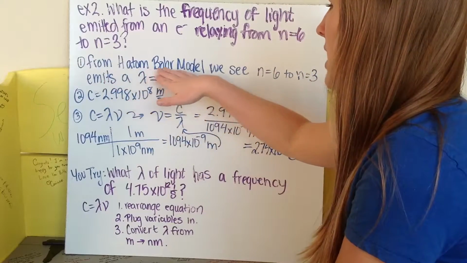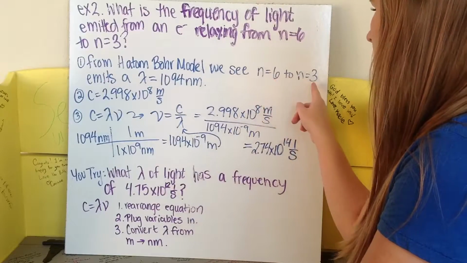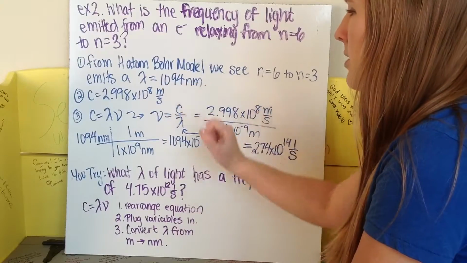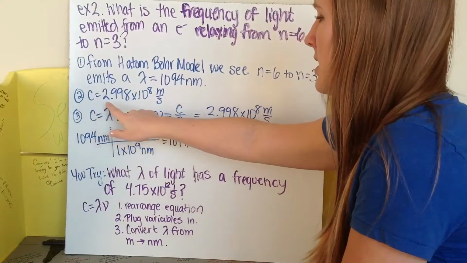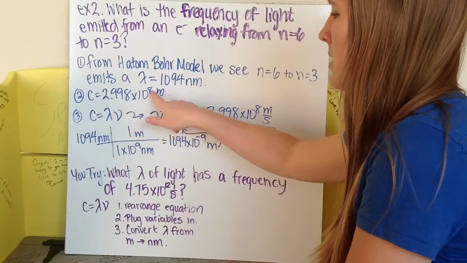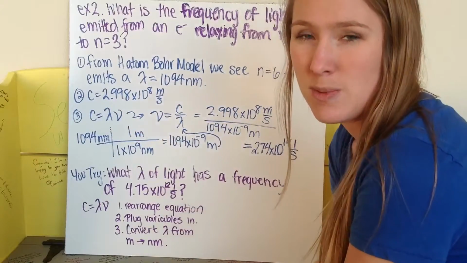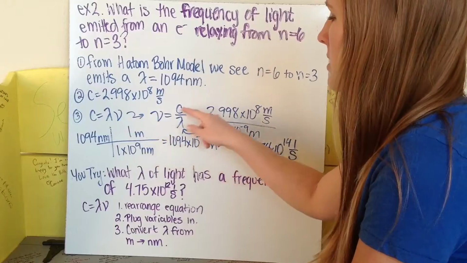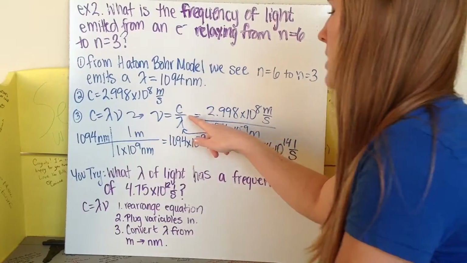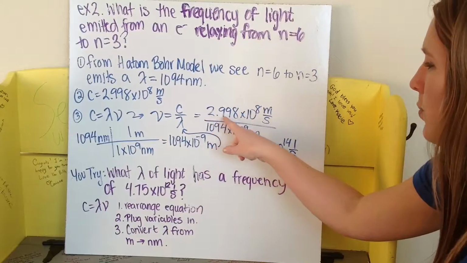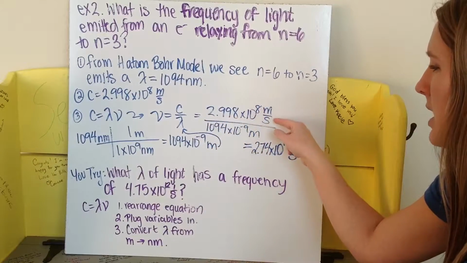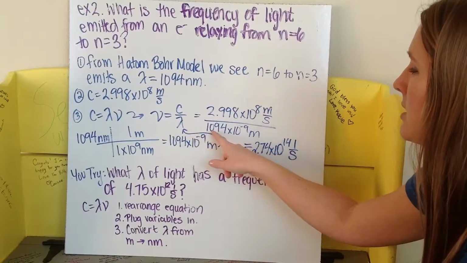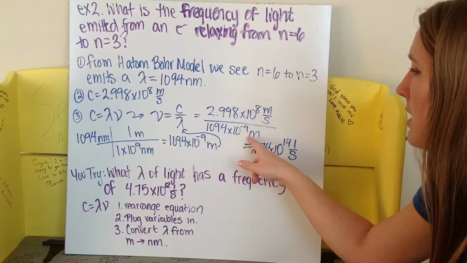So, from my hydrogen atom Bohr model, we see that from n equals 6 to n equals 3, our electron emits a wavelength of light equal to 1,094 nanometers. We know that the speed of light is equal to 2.998 times 10 to the 8th meters per second, and I can use my speed of light equation where c is equal to lambda times frequency, solving for frequency to get speed of light over wavelength, plugging in my variables 2.998 times 10 to the 8th meters per second divided by my wavelength of light, which is now converted into meters, of 1094 times 10 to the negative 9th meters.